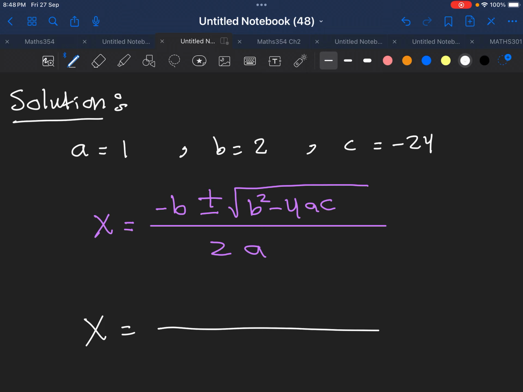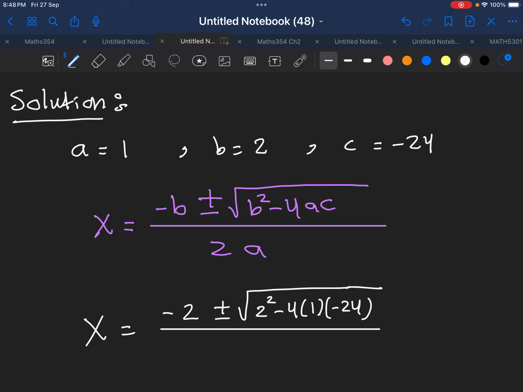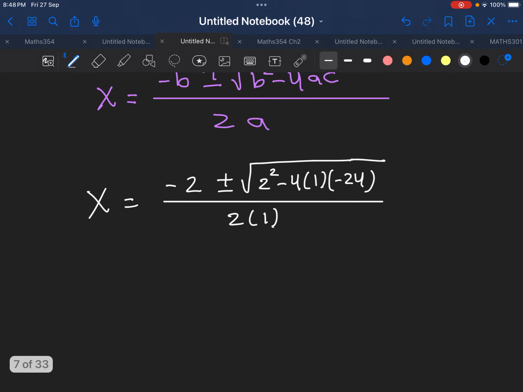So if we do it here slowly, we should get negative 2 instead of negative b, plus or minus square root of b squared, so 2 squared, minus 4 times a times c, divided by 2 times 1. Now, of course, if you have a calculator, you can find those very quickly. I'll do them here.